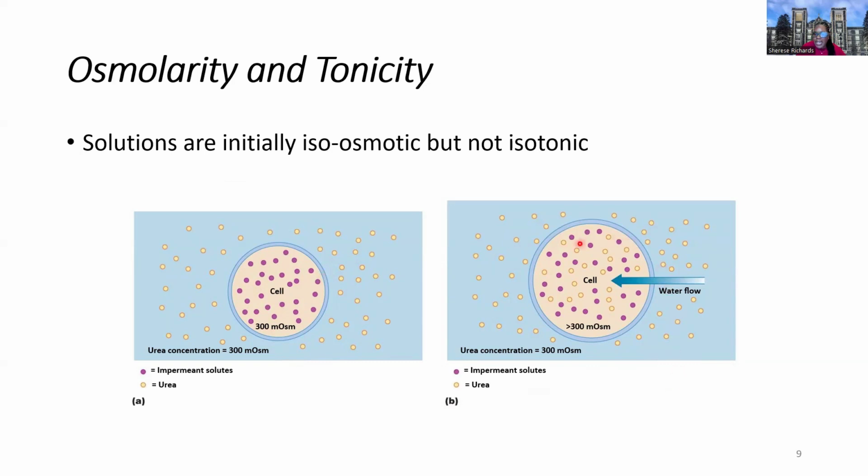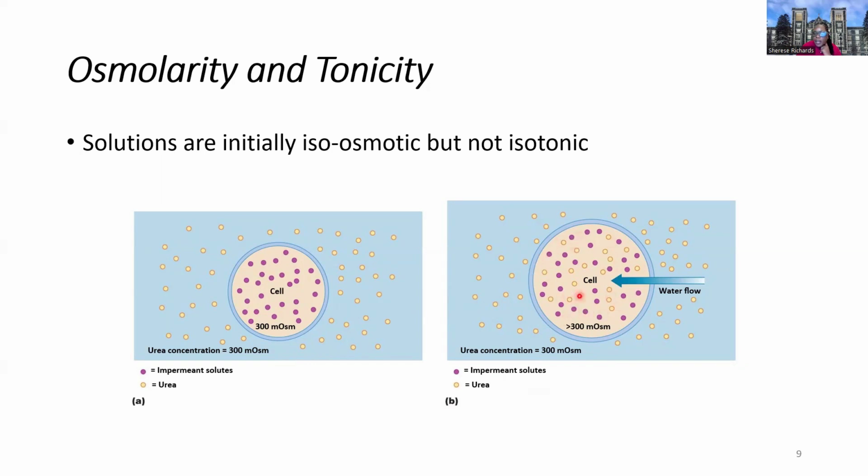If we think about the tonicity, however, the tonicity here differs because we're only honoring the particles in purple that cannot move across the membrane when we look at tonicity. So in this instance, we have urea being able to move. So urea can move to get to a steady state where the solute particles on either side is the same. However, the particle in purple, the impermeant solute, cannot move. So the tonicity is going to be in favor of only looking at the particle in purple.